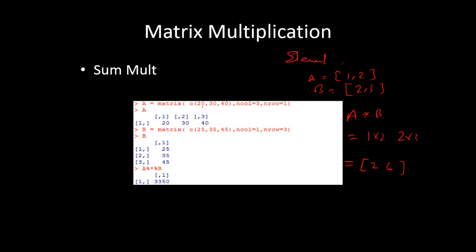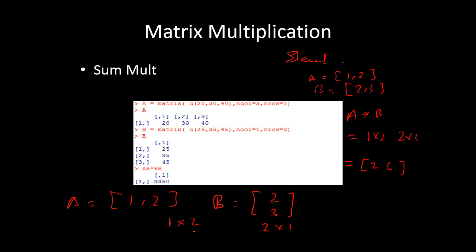So there are some rules to be followed. The first thing is that, say we have got two matrices, A: 1 and 2, and then there is a matrix B, so I got 2 and 3. The dimension of matrix A is 1 cross 2, and B is 2 cross 1, right?